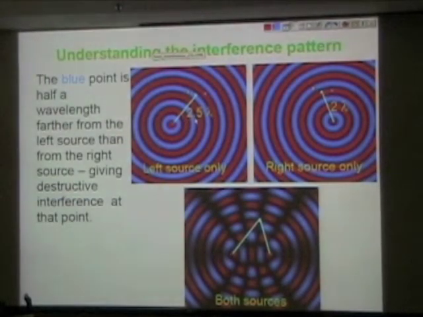So, what does it mean? Red stands for crest, blue stands for trough, and black lines represent no motion, nodes. So here, if you want to analyze a situation like that, you would start from a maximum.